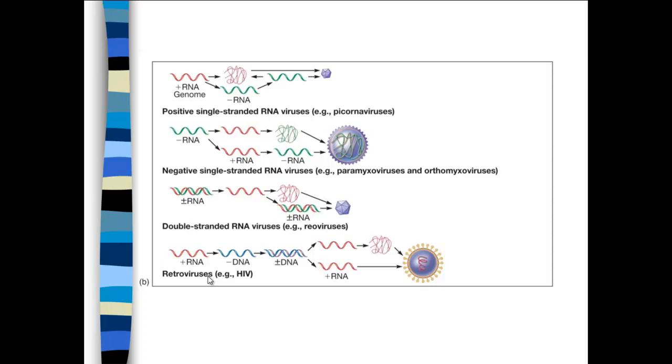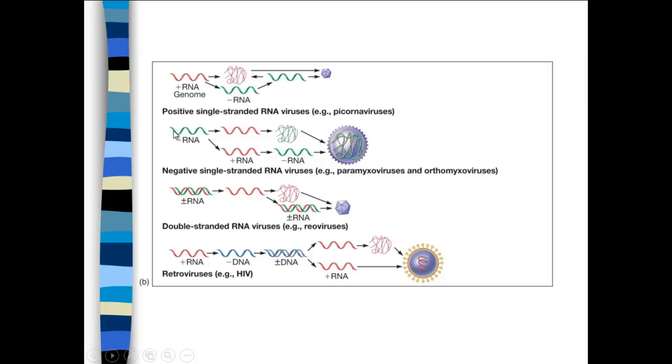This shows how the RNA is replicated. Okay. Positive RNA virus is converted to negative RNA. That negative RNA is then replicated and it becomes a part of the viral nucleic acid. And that negative sense RNA then can be encapsulated into a capsimer here, or into a capsid here.